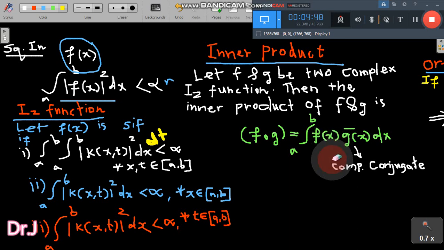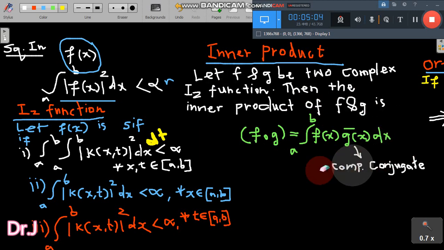So you find the product of f of x and the conjugate of g of x, and then take the integration from a to b with respect to x.